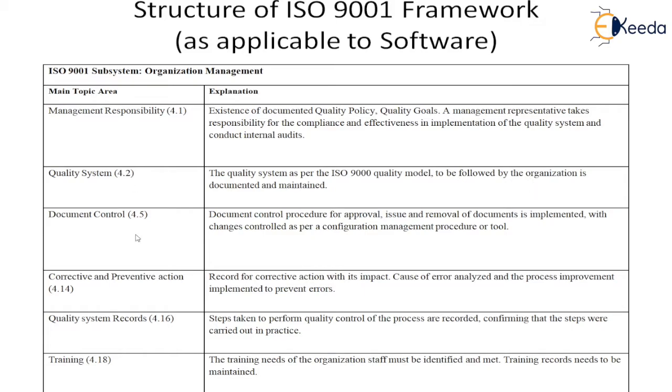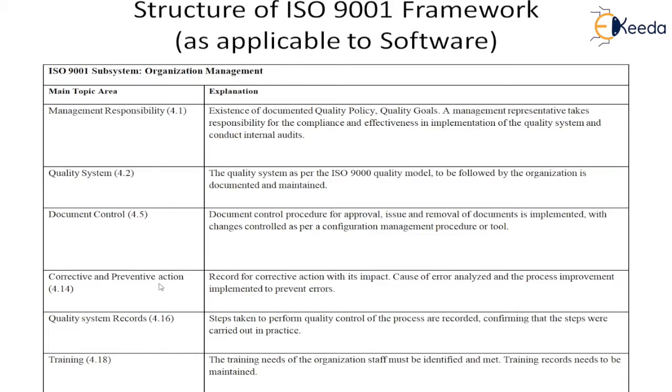Then there is document control. So all the documents, which means the quality management policies, the guidelines, the QMS, its procedures, its forms, standards, guides, everything has to be not only documented, it has to be circulated, implemented, and any changes have to be made in a controlled manner, and it has to be under configuration management.